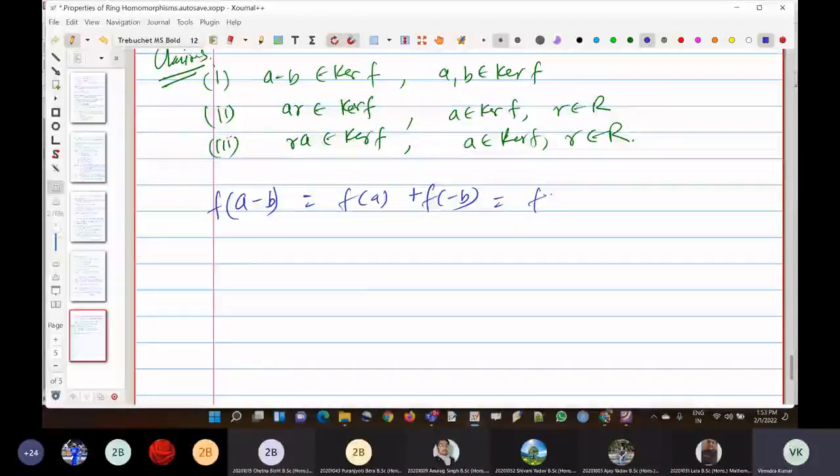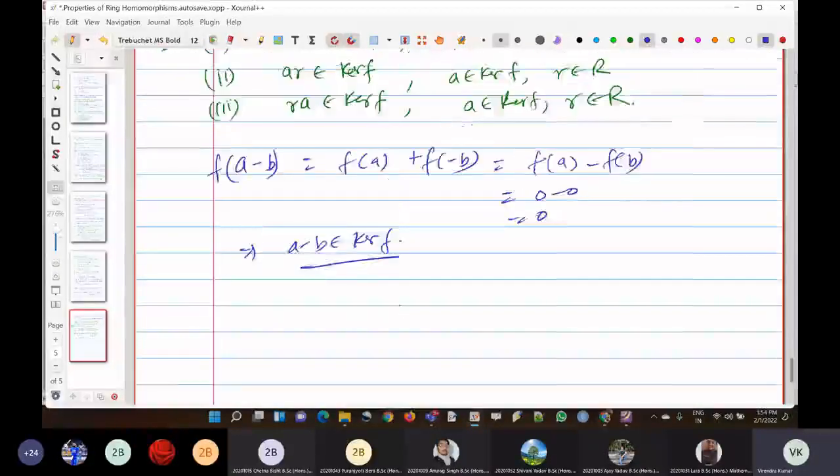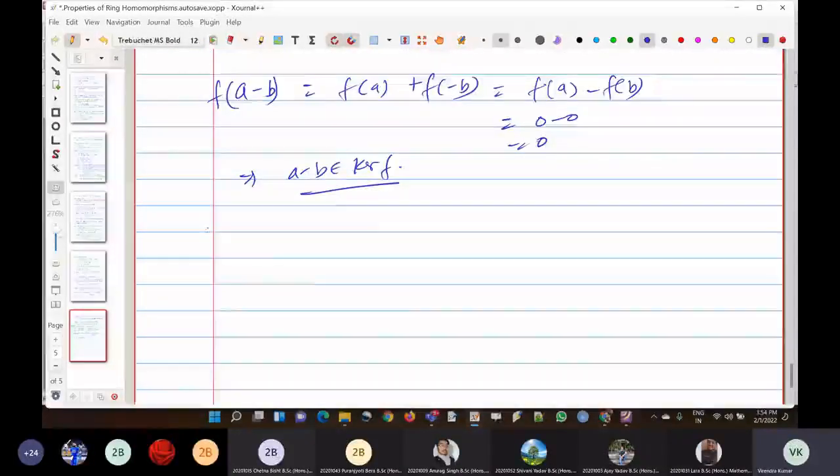And of course, the properties we started with today give us the authority to write this expression in this form. Now f of A is 0, f of B is also 0, so this equals 0. This means that A minus B belongs to kernel of f. This establishes the first part.